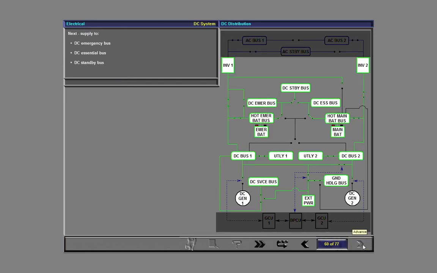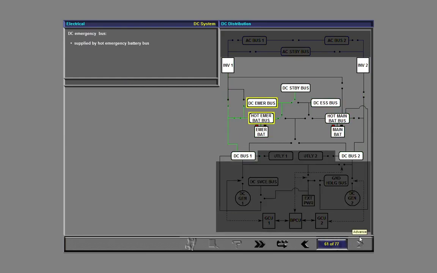Next, we will look at supply to the DC emergency, essential and standby buses under normal supply conditions, in this case with external power connected. Normally, the DC emergency bus is supplied by the hot emergency battery bus.